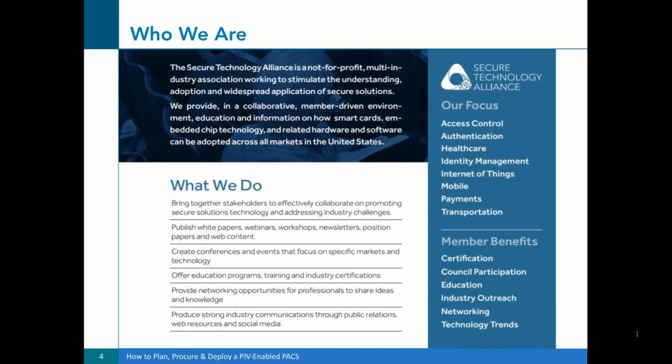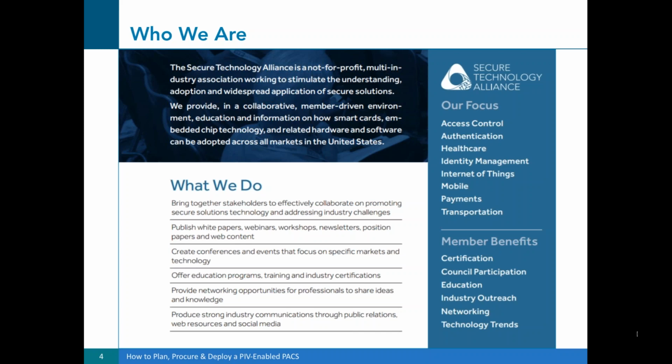So for those of you who are joining today who are not familiar with the Secure Technology Alliance, here's a brief overview of the organization. The Alliance is a not-for-profit multi-industry association working to stimulate the understanding, adoption, and widespread application of secure solutions. And we provide, in a collaborative, member-driven environment, education and information on how smart cards and embedded chip technology and related hardware and software can be adopted across all markets in the United States.